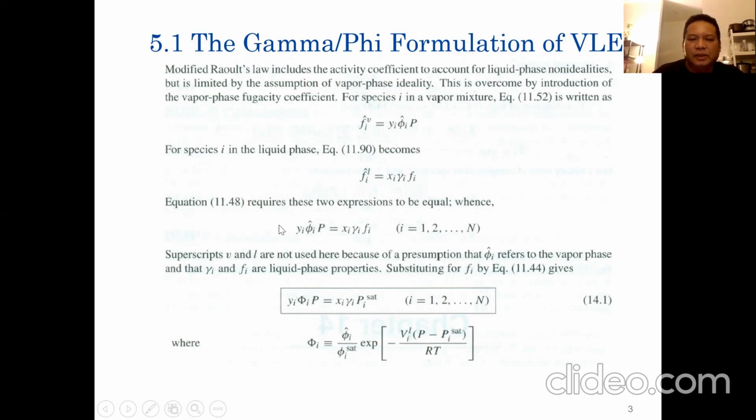So this is in the vapor phase, and this is in the liquid phase, and then we can rewrite this into this form here, where the capital Phi is this equation. Because the phi for the vapor phase, and the gamma and the saturation pressure are liquid phase properties.